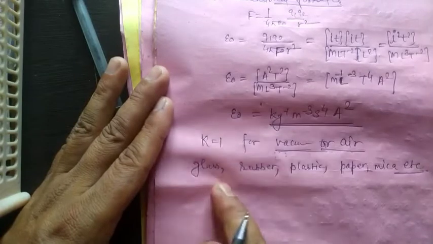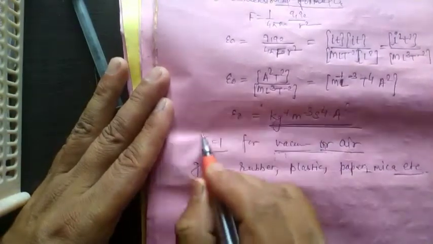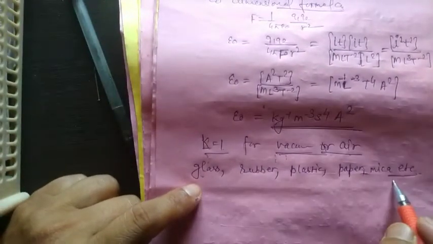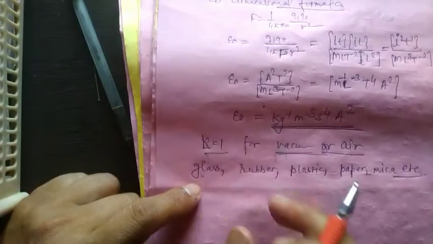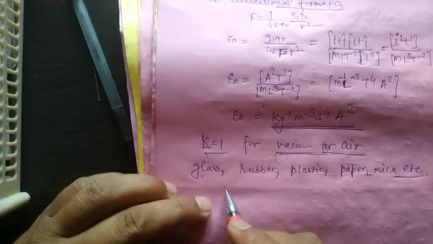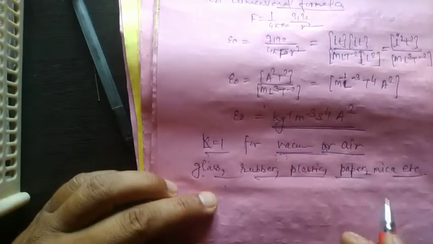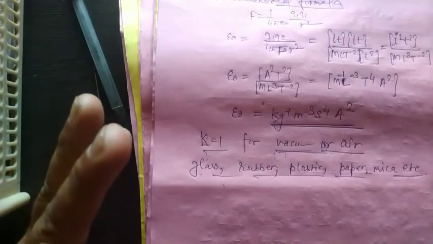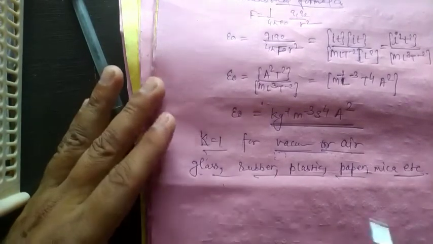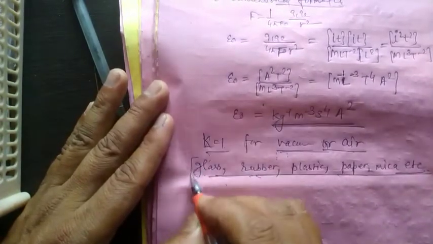If we put these in the place of vacuum or air where K equals 1, then all of these are insulators. There is no flow of electrons, and current does not flow in these different types of substances.